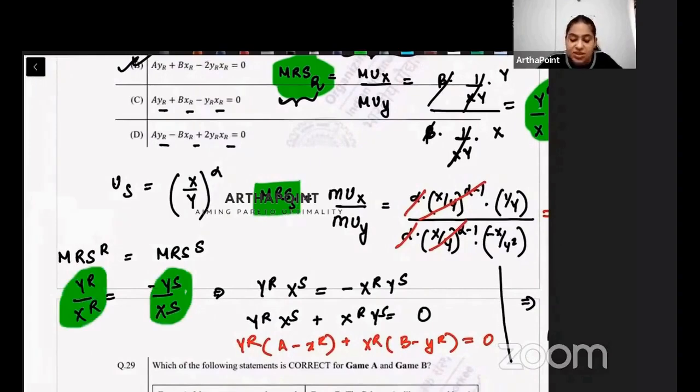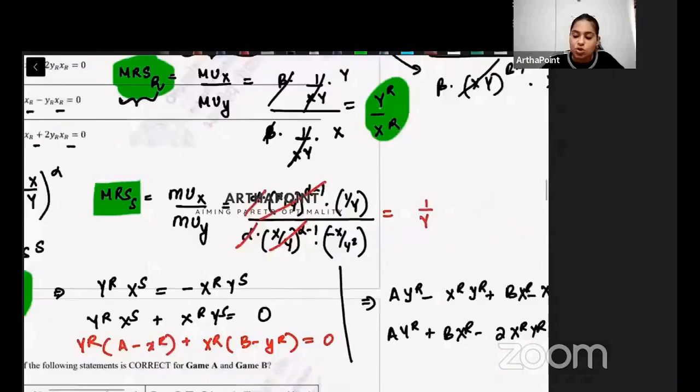Which means that the slopes are a function of y by x. So this is fine to us, right? The way that the slopes have come up is fine. This is the only way to solve these. These are my continuous functions. These are neither my substitute good function nor perfect complementary good function. So I am able to use the MRS A equal to MRS B concept, right?